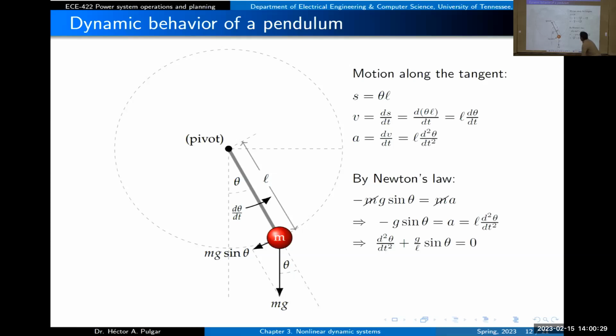So what do you think? How theta will change in time just by looking at this equation? Will oscillate? In which fashion?